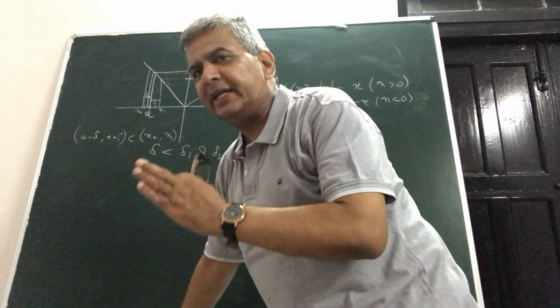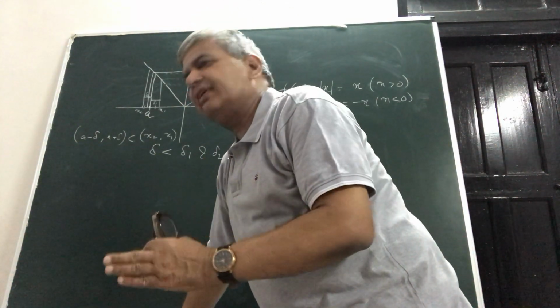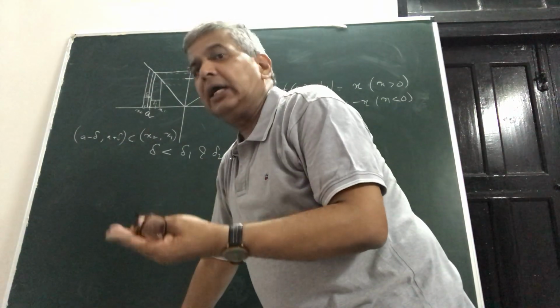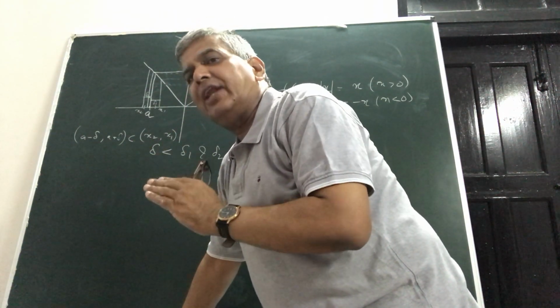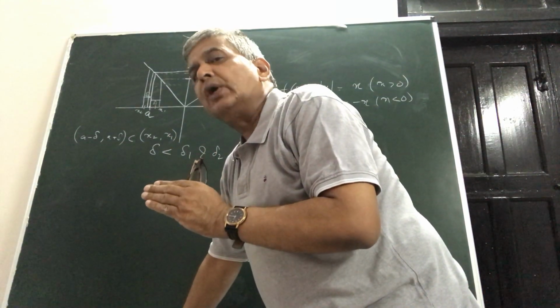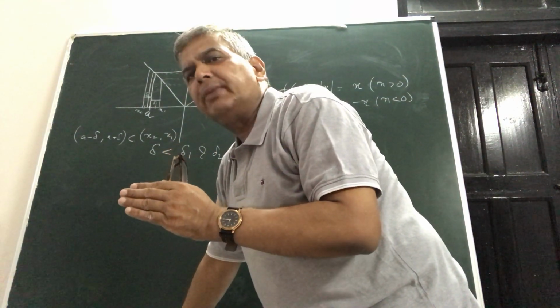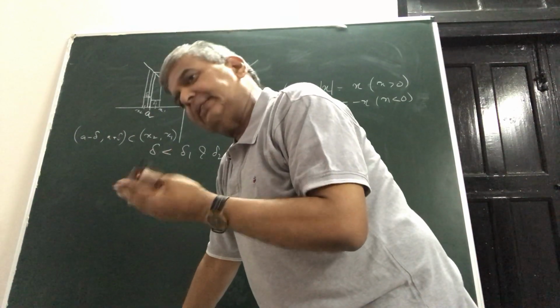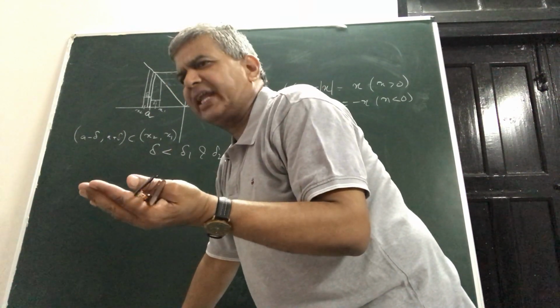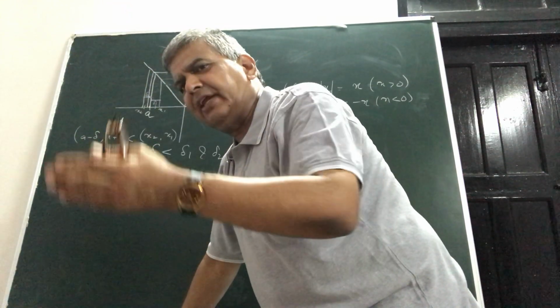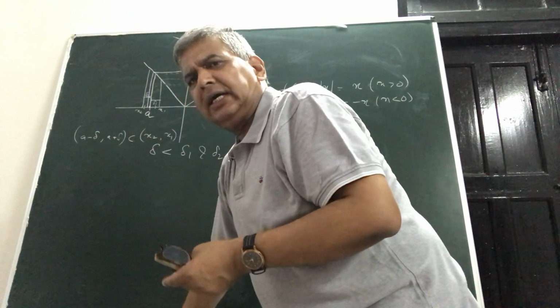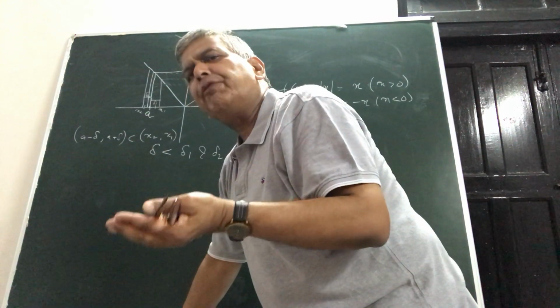That is why we had been explaining that in trigonometric functions, tan x shows an abrupt change in functional values when it approaches odd multiples of pi by 2. Similarly, cot x goes one way to plus infinity and the other way to minus infinity at all the multiples of pi.